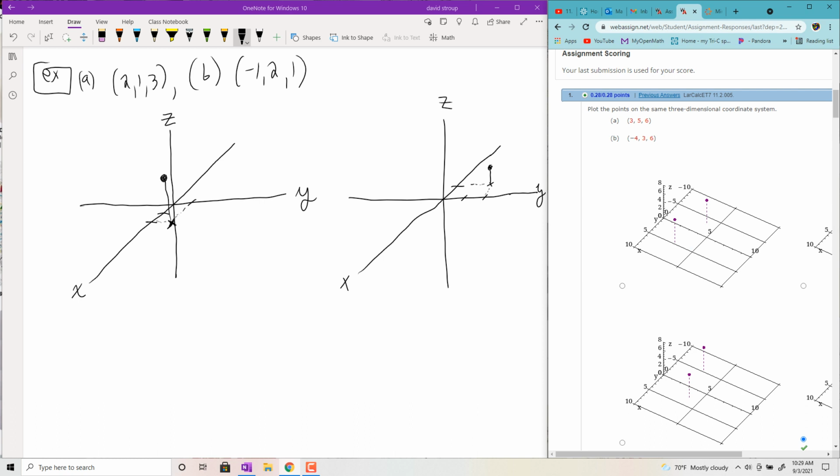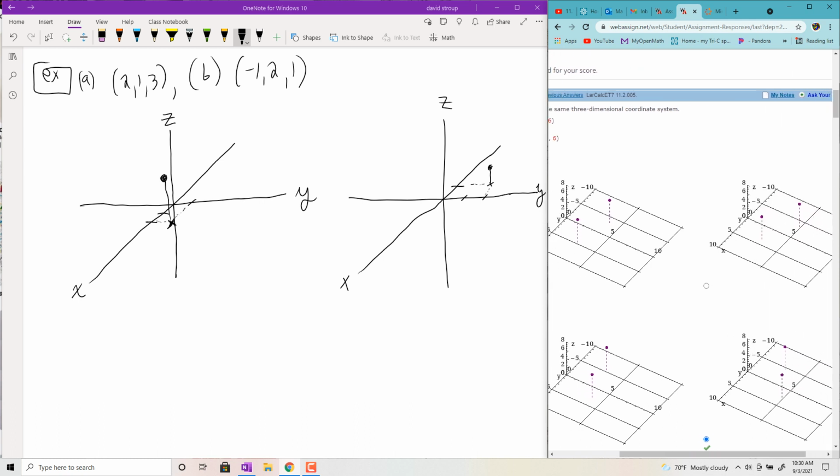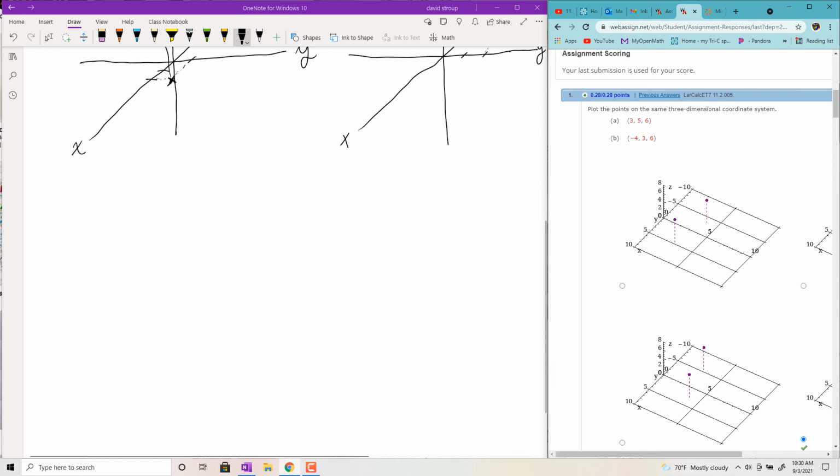But, you know, going out 3, right 5, and then up 6. So out 3, 1, 2, 3, right 5, and then up 6. So that one's not right. Up 3, right 5, up 6: this one kind of looks like it's right. It's probably the other one that's wrong, right? So you don't even really have to draw it for the homework. You just have to be able to do a multiple choice.